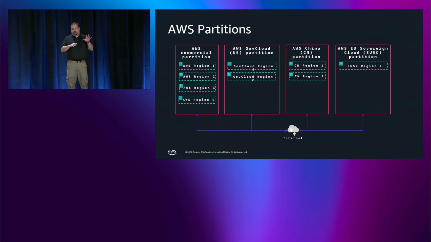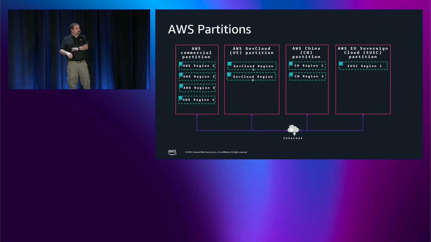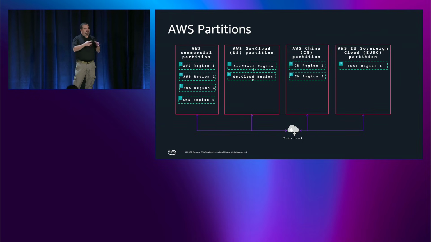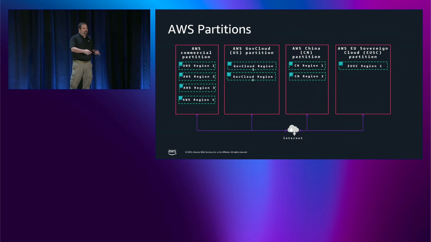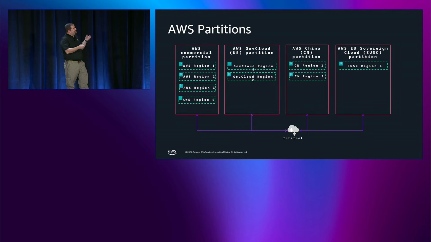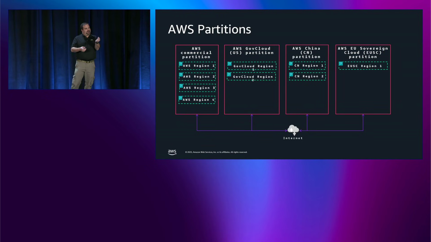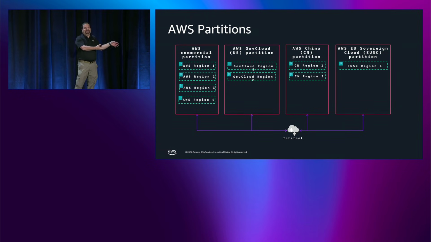The difference between partitions is that partitions have an instance of our global services in them. Most notably, IAM and Route 53 are the two global services that will come to mind when you need to work across multiple partitions. What that means is an IAM identity, which includes an account number, in the commercial partition has no concept in another partition because they're two separate stacks.